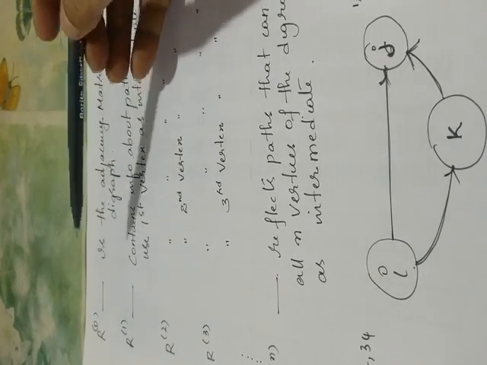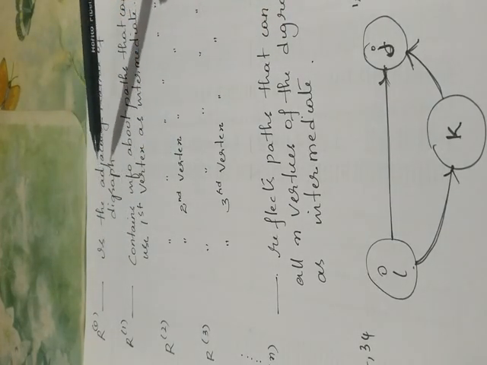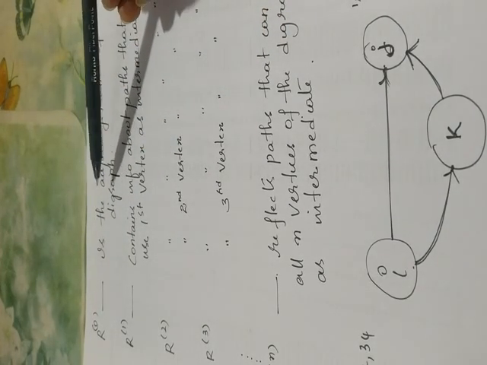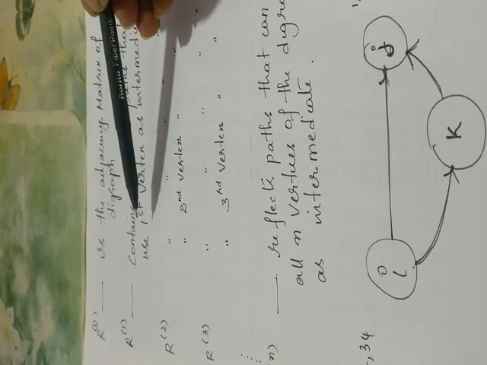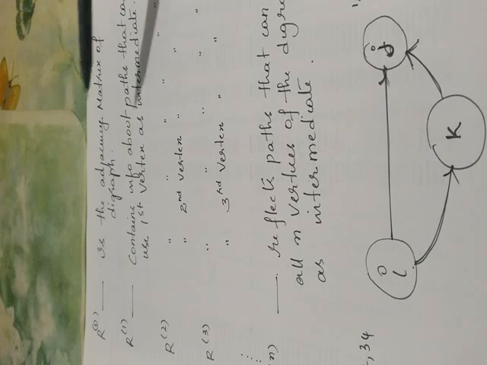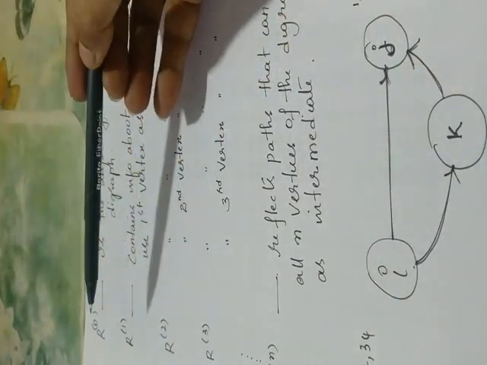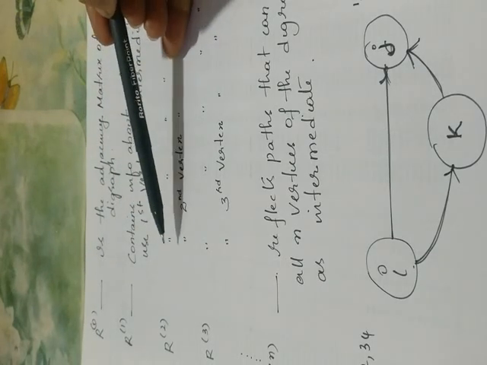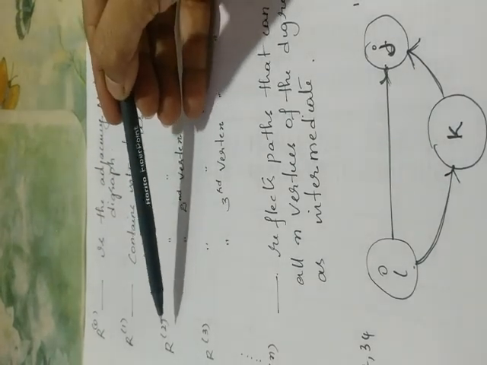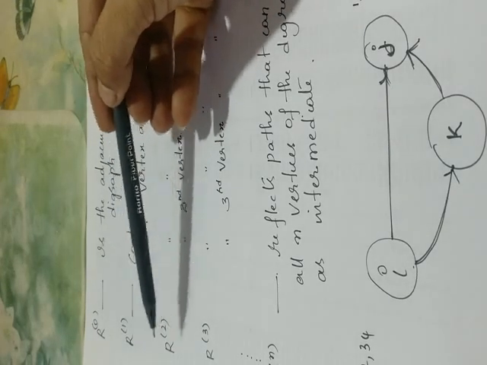So we will be starting with R0, that is the first adjacency matrix representation, using which we will be constructing R1, which contains the information about the path using 1 as the intermediate vertex. Next time this will be acting as an input, and I will be considering even vertex 2 as the intermediate. So 1 and 2 as intermediate.